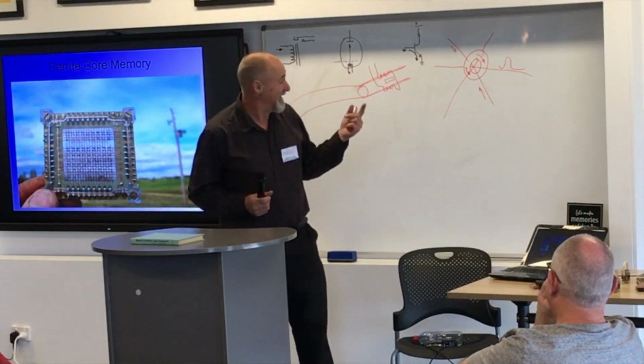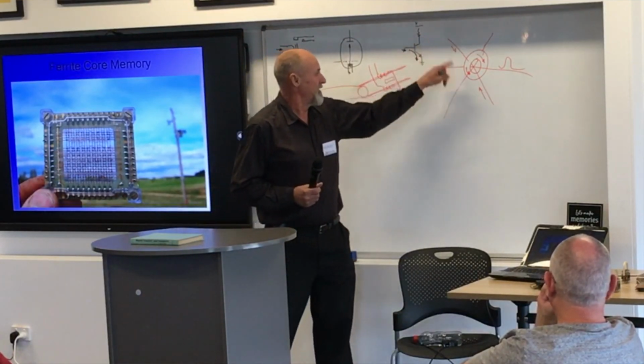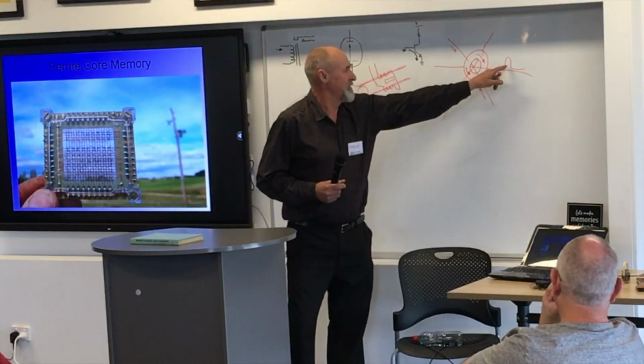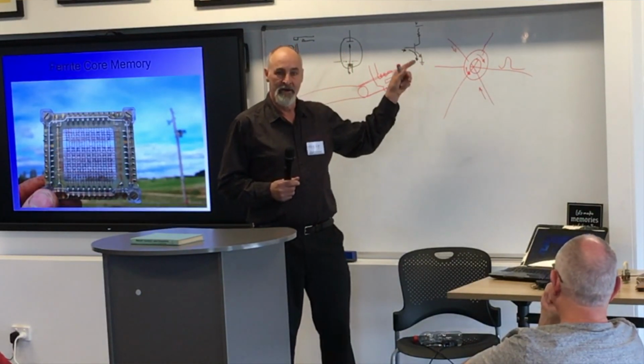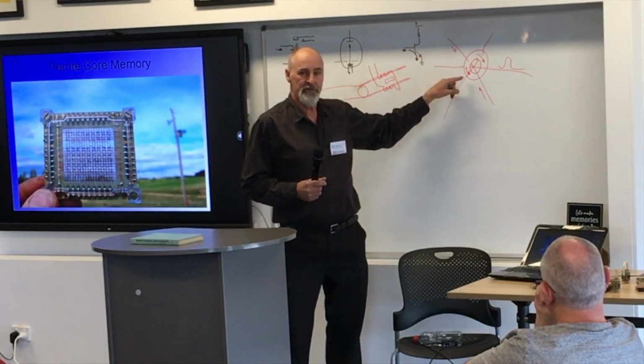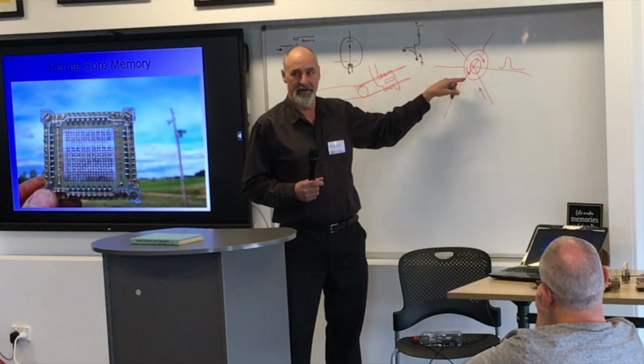I'll say it that way. So now we've got a way of reading and a way of writing, but if I write a 1 to detect if it was a 1, I've destroyed the data, which means that every time you read, you've destroyed the data, so you have to write it back.